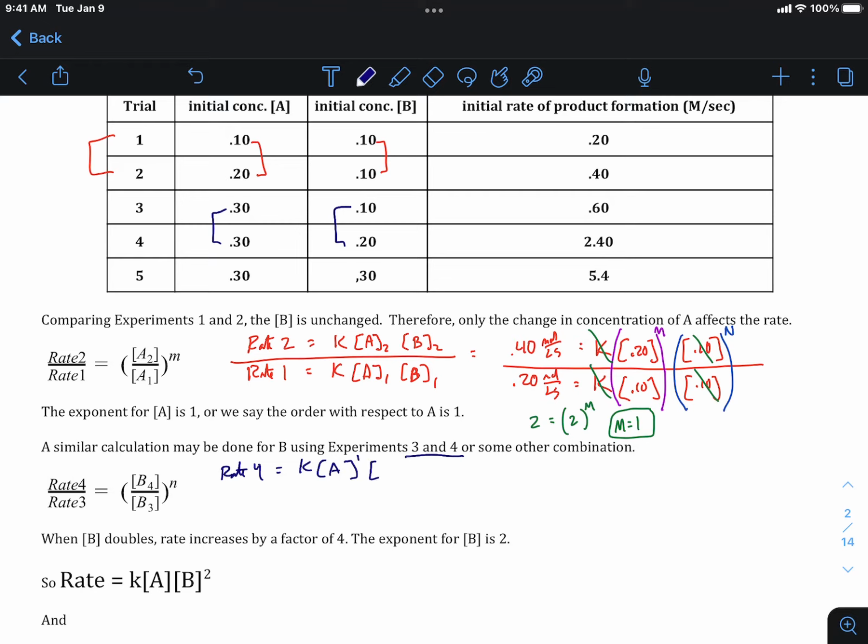So we can write the 1 in there since it is now known. And the concentration of B is 0.2. We'll take that over the rate 3 times K times the concentration of, I'm mixing my variables and numbers here. That's okay.